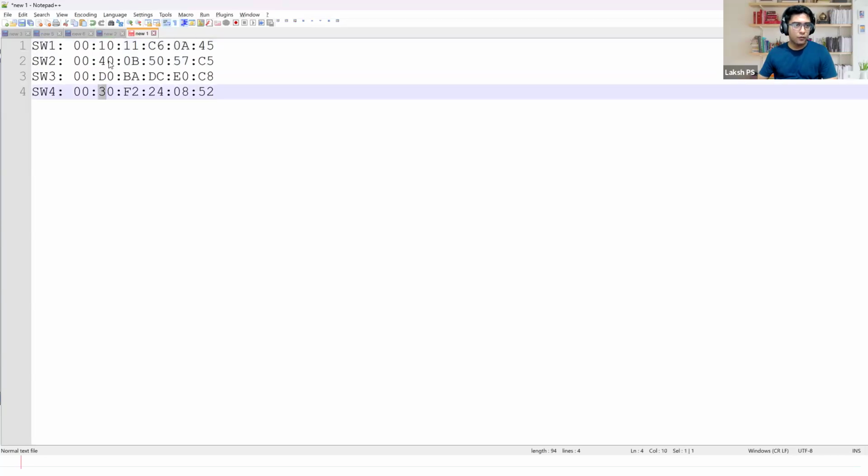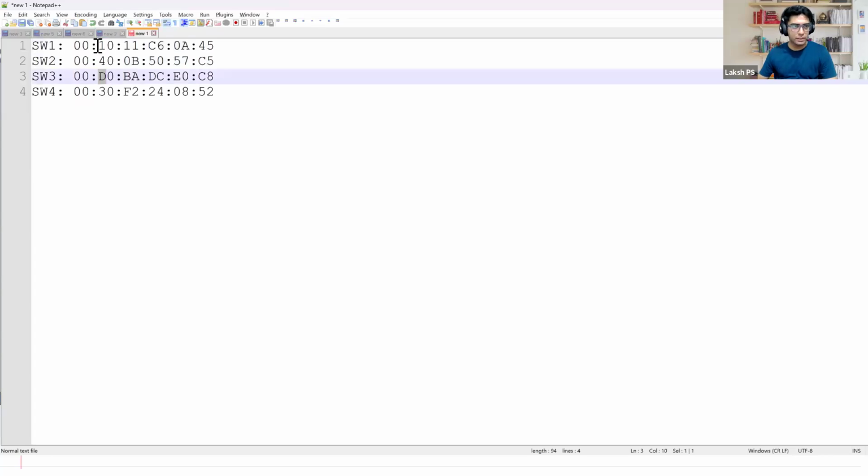So 3, 4, and D are larger than 1. Out of these four switches, this digit is the lowest of them, and hence this switch's MAC address is the lower MAC address, and hence switch number 1 will be the root switch.